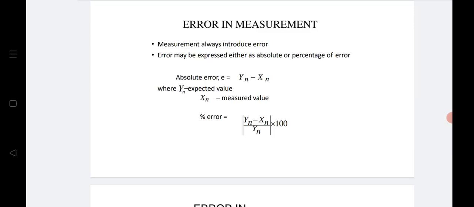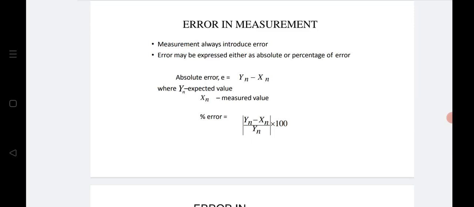The absolute error E is equal to yn minus xn. What is yn? Yn is your expected value. What is xn? Xn is your measured value. So the difference between the expected value and the measured value is known as the absolute error.